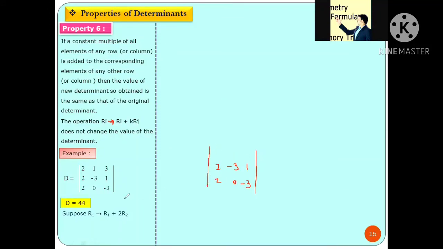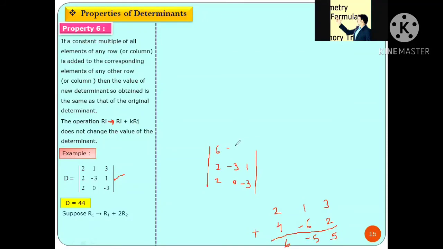The first row elements are already 2, 1, 3, and I am adding 2 times the second row to those elements. All elements of the second row are multiplied by 2. The new elements are 4, minus 6 and 2, and after addition you get the new first row as 6, minus 5 and 5.